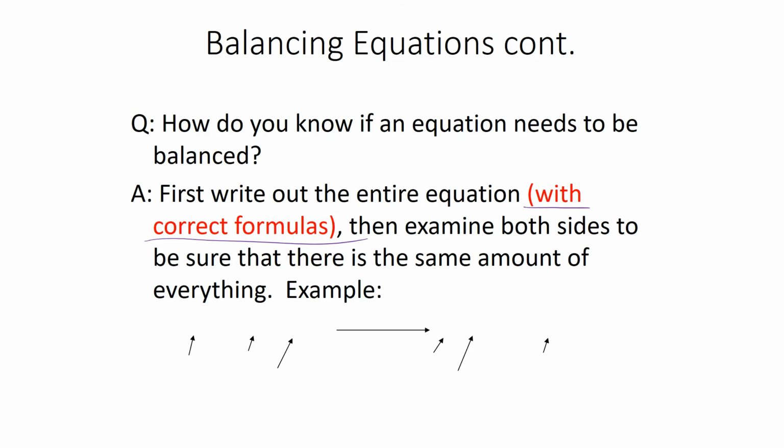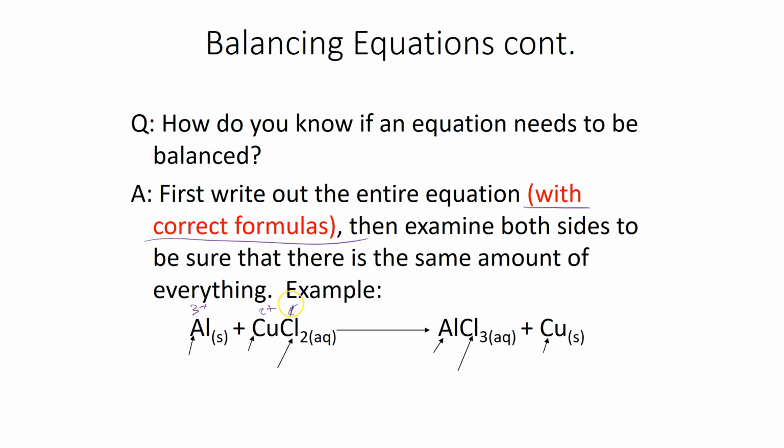Then you're going to examine both sides to be sure that there is the same amount of everything. So let's take aluminum solid, and we're going to add that to a copper chloride solution. That's what the aq means. Now, if a reaction were to take place, the aluminum is a 3+, copper in this case is a 2+, chlorine is a 1-.